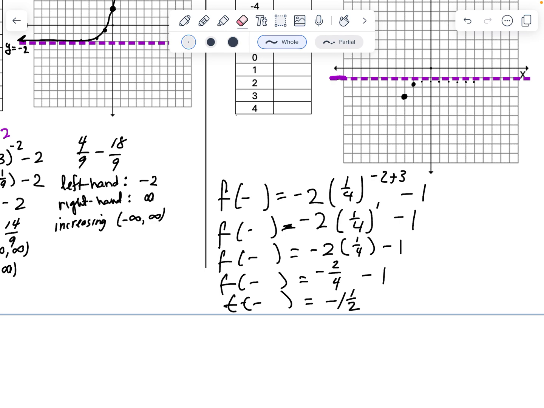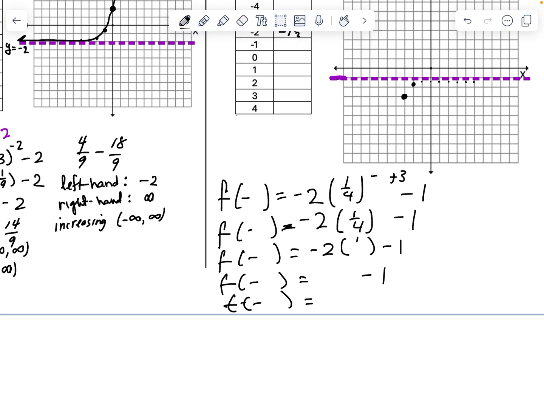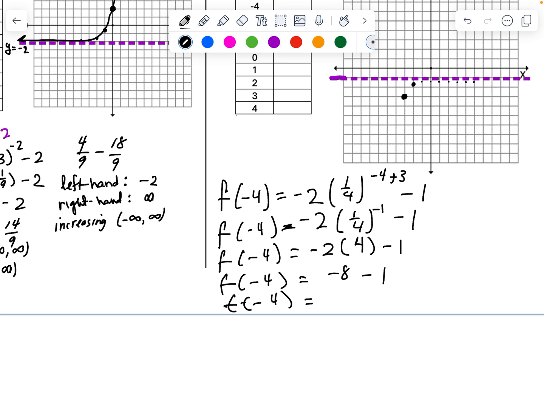So if x is negative 4, negative 4 plus 3 is negative 1. This is the number 4. This is the number 8. This is the number negative 9. So that would be down here.